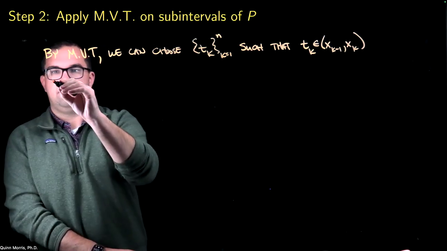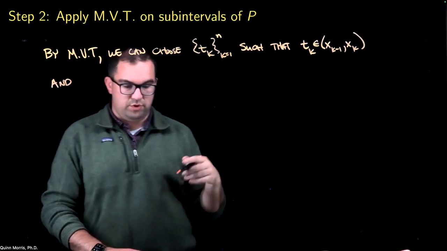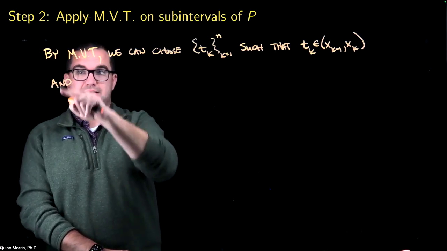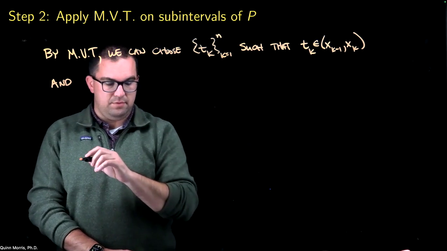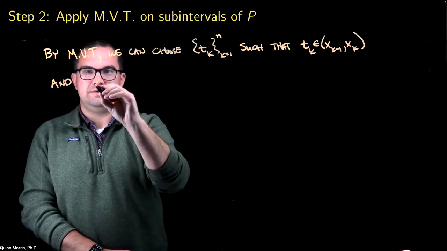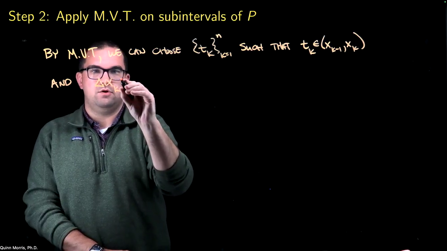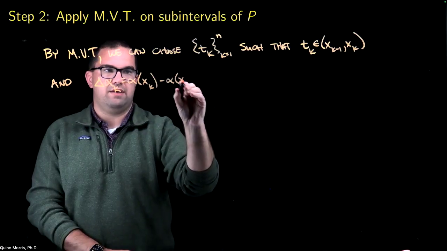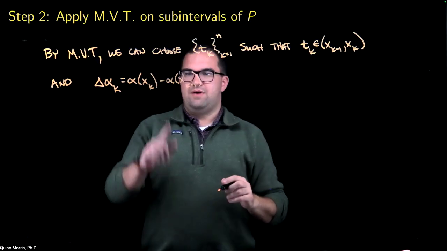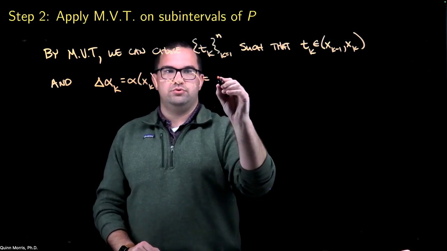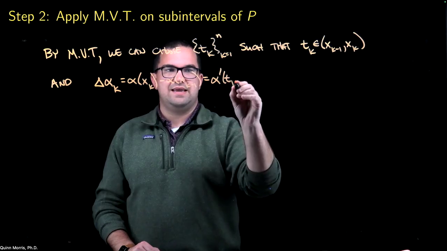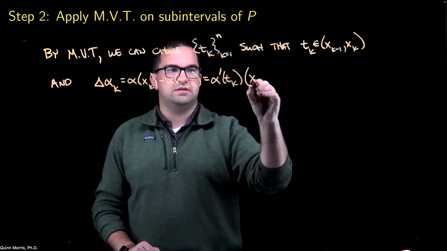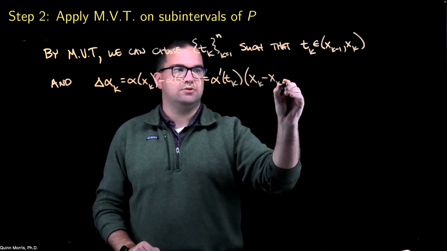And this is where I don't need the mean value theorem for this, right? But what I need the mean value theorem for is I want to choose them such that delta alpha_k, which, if you just remember, is defined to be alpha of x_k minus alpha of x_{k-1}. If I apply the mean value theorem, I should be able to choose these so that t_k is the point such that alpha prime of t_k times x_k minus x_{k-1}.